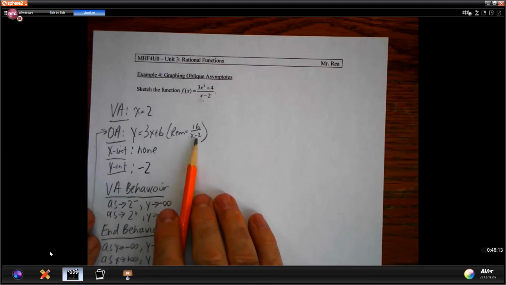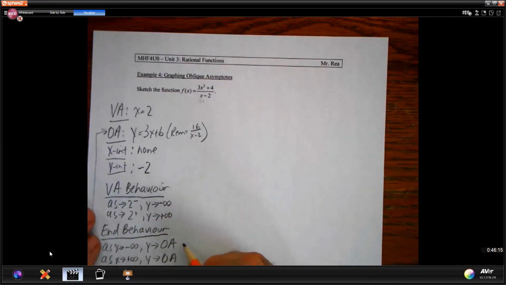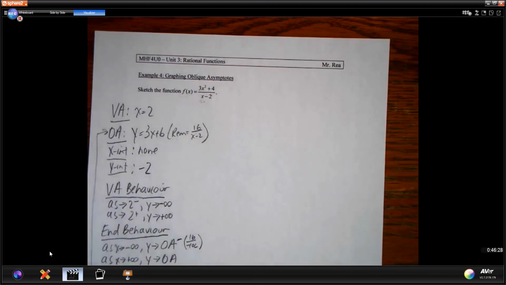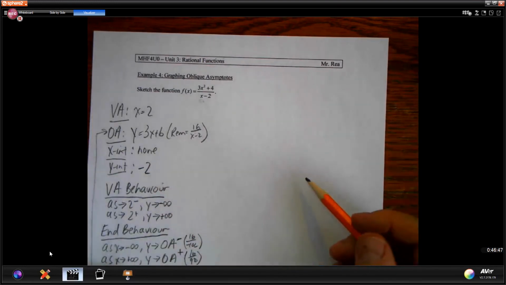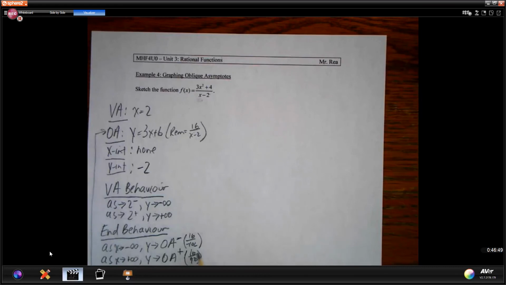If I plug in negative 100 for the remainder, I get 16 over negative 102, and that's definitely negative, so I put a negative sign. It's coming from below the oblique asymptote. If I simulate approaching positive infinity, let's plug in positive 100. We get 16 over 98, which is definitely positive. So you can see how quick that is compared to plugging your number twice into two equations and comparing. This is faster.